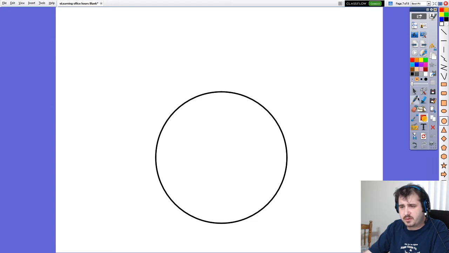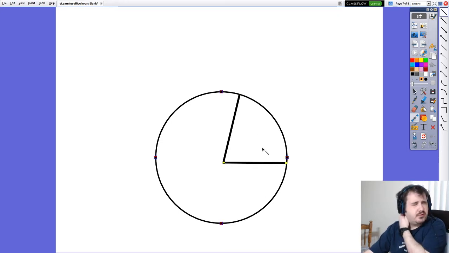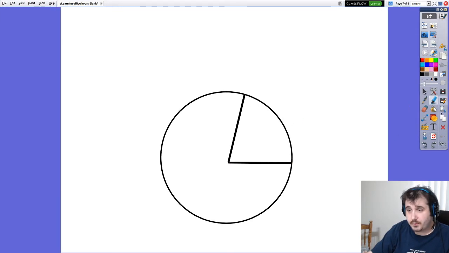Basically, this is sort of a two-parter like the old ones. The first thing you need to be able to do is the sector thing from before. Here's our sector. We know how to find this.